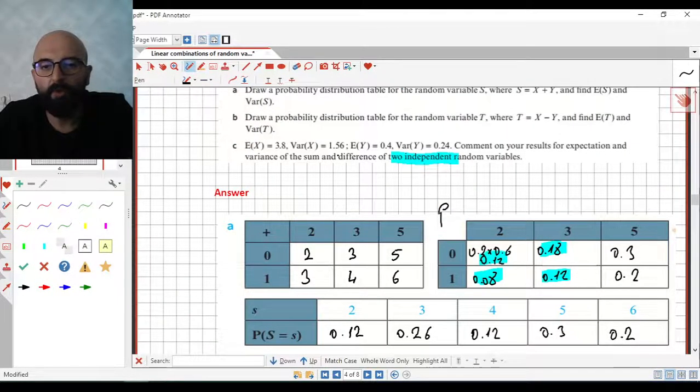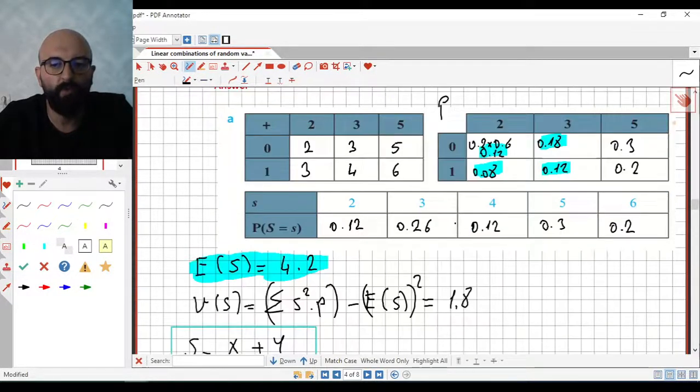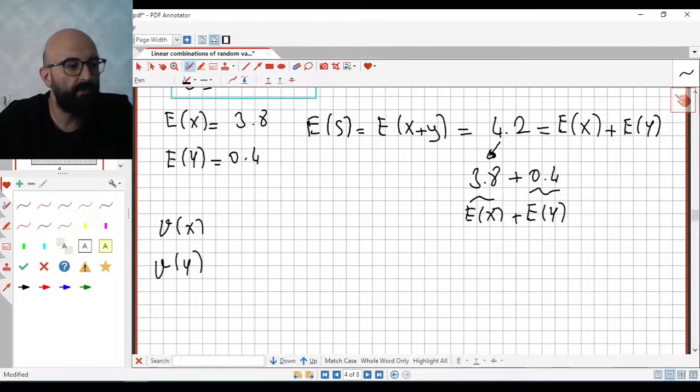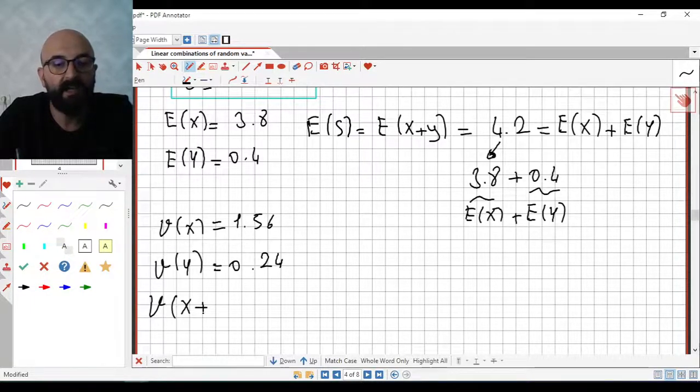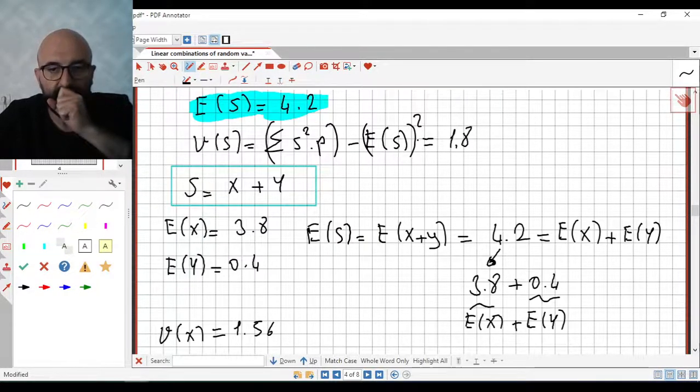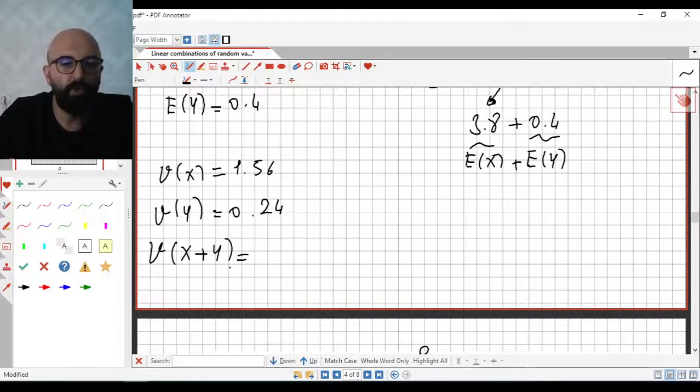They are 1.56 and 0.24, and we could find the variance of x plus y, which means 1.8.